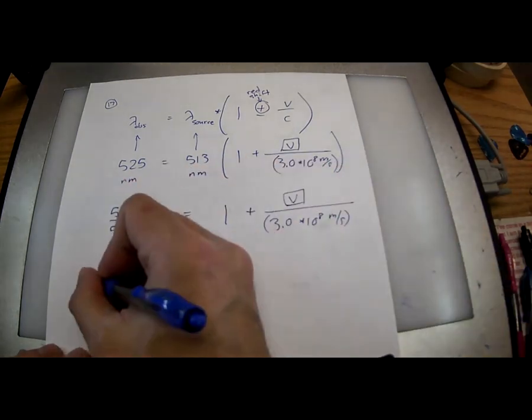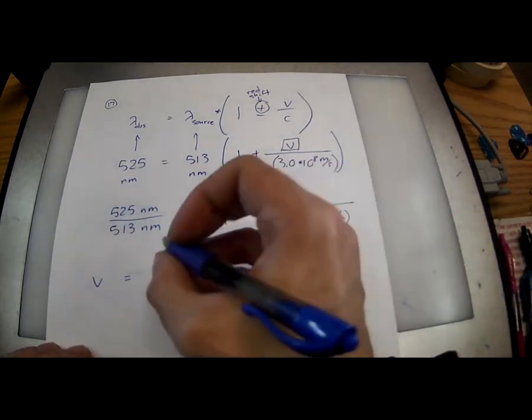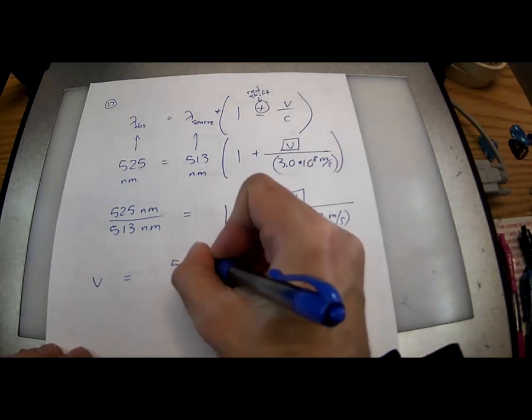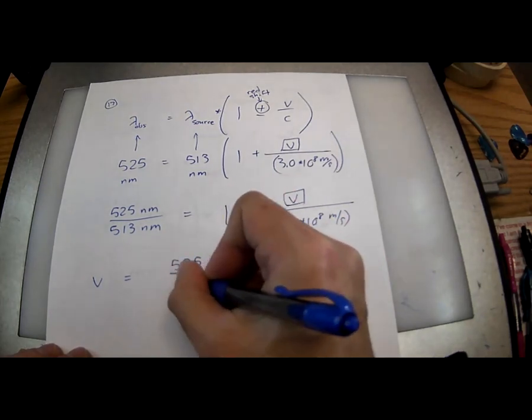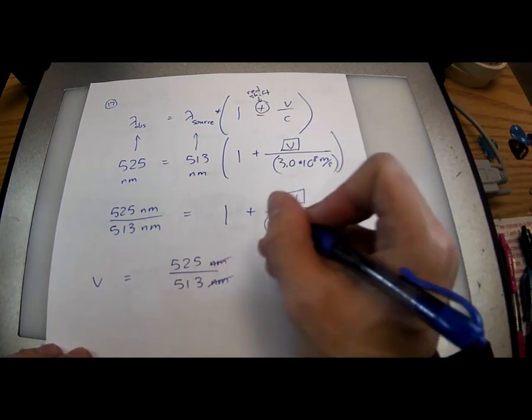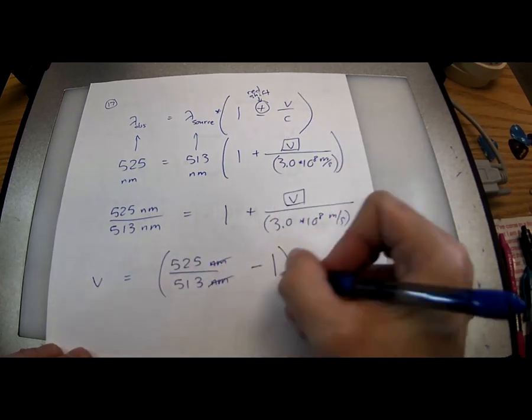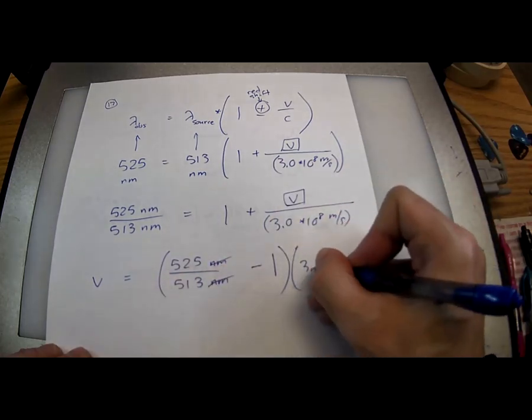So v is equal to, let's solve this down, 525 compared to 513 nanometers, but that cancels out anyway. Subtract 1, like a tiny decimal, and multiply that by the speed of light.